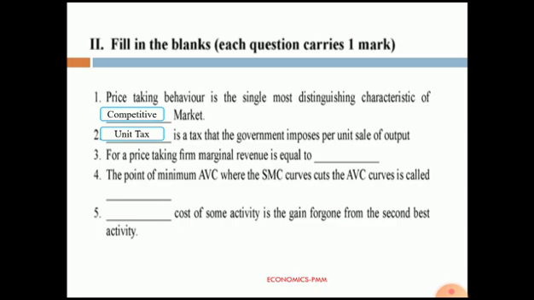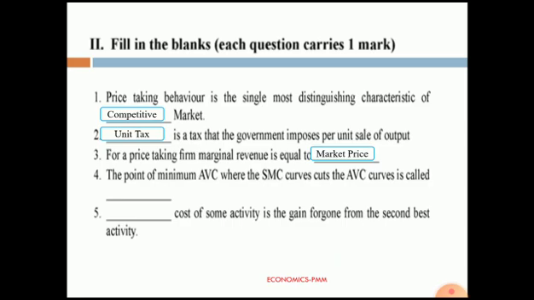Third one. For a price taking firm, marginal revenue is equal to. A price taking firm is nothing but the firm under perfect competition. For a price taking firm, marginal revenue is always equal to the price, because there is a single price prevailing in the market. Large number of sellers are selling homogeneous product, so they have to fix the same price.